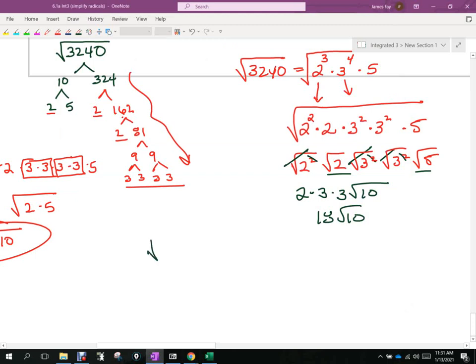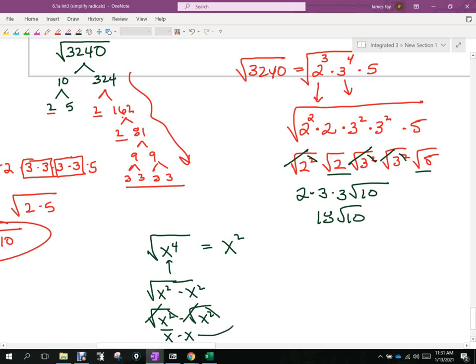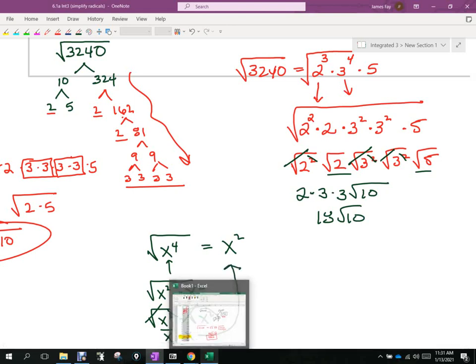So the square root of x to the 4th becomes x squared. Is that okay with everybody? The reason for that is because x to the 4th is the same thing as x squared times x squared, and that turns into the square root of x squared times the square root of x squared. They cancel there, and it leaves me x times x. What's x times x? X squared.